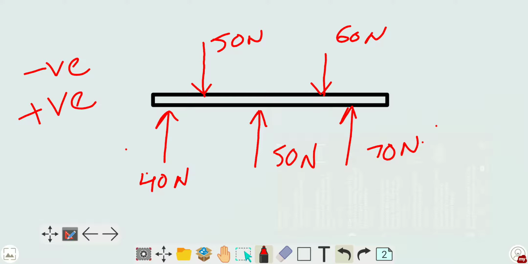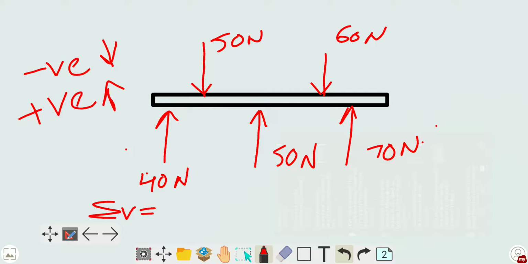Use the negative sign for the forces pointing down and positive for the forces going up. In this case we are taking it this way. Let us summate all the vertical forces, since only vertical forces are acting on the body.